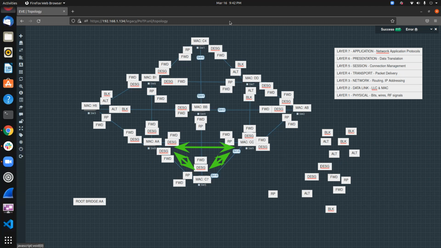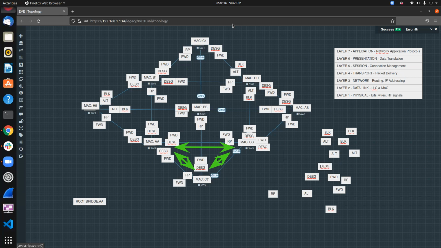You have switch 5 that's connected to the root, switch 8. You have switch 9 that's directly connected to the root. You still have a segment that you haven't converged between switch 5 and switch 9. You figure that out, you can figure everything else out.